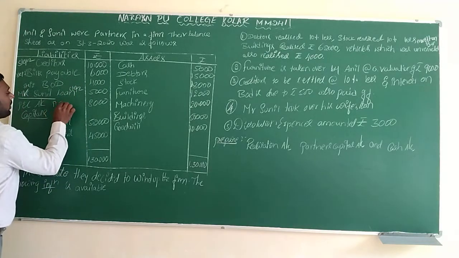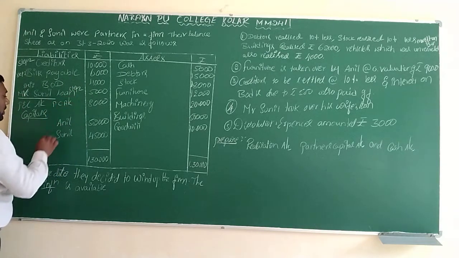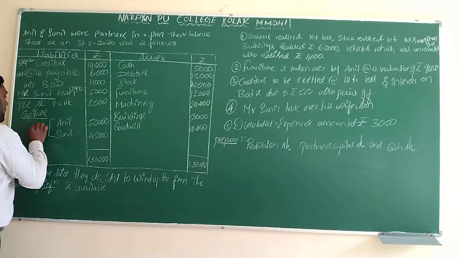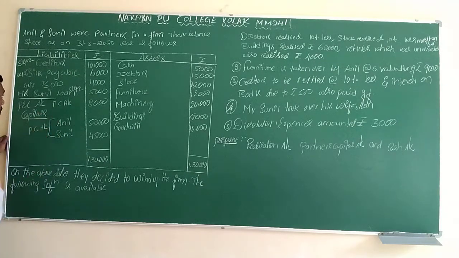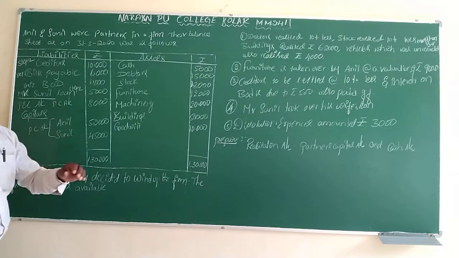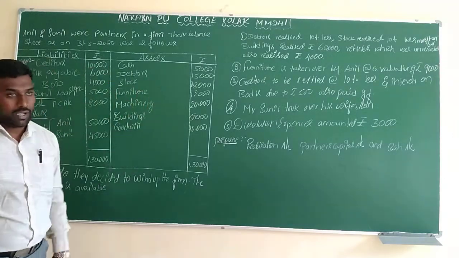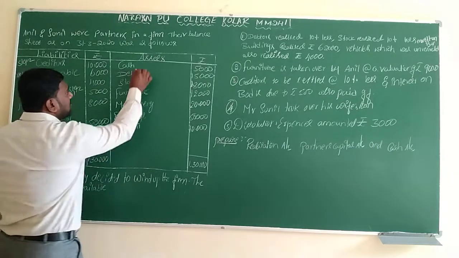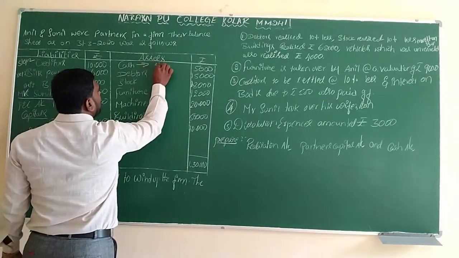Profit and loss account and capitals come to the partners' capital account, on the credit side. So on the liability side we have 2 classifications: these 4 items go to step 2 of the realization account, and profit and loss account and capitals go to the partners' capital account. In the asset side, cash will come to the cash account only.